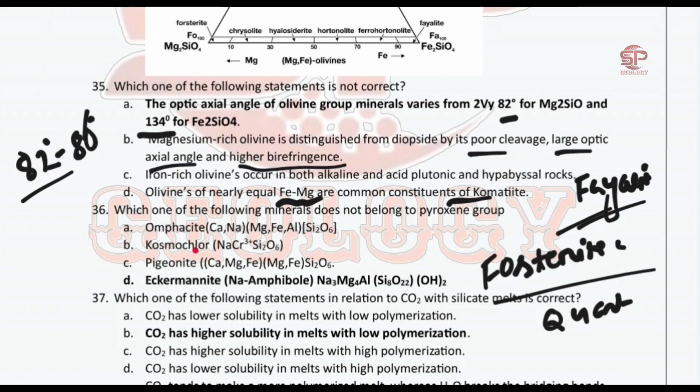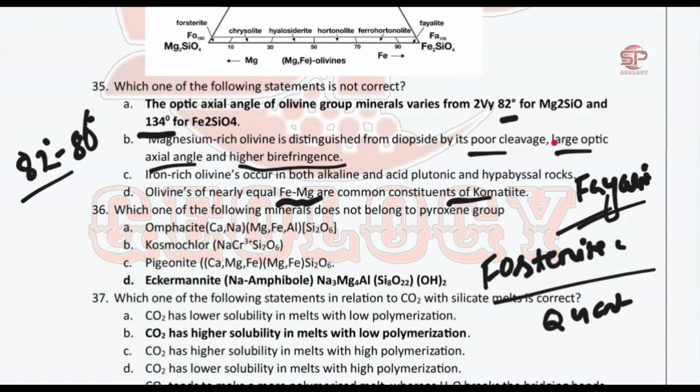You have to review this question again because this is also incorrect, because the 2V angle is not 134. If you take the obtuse angle, then it can be 134. But which angle it is saying, whether acute or obtuse, is not mentioned here.